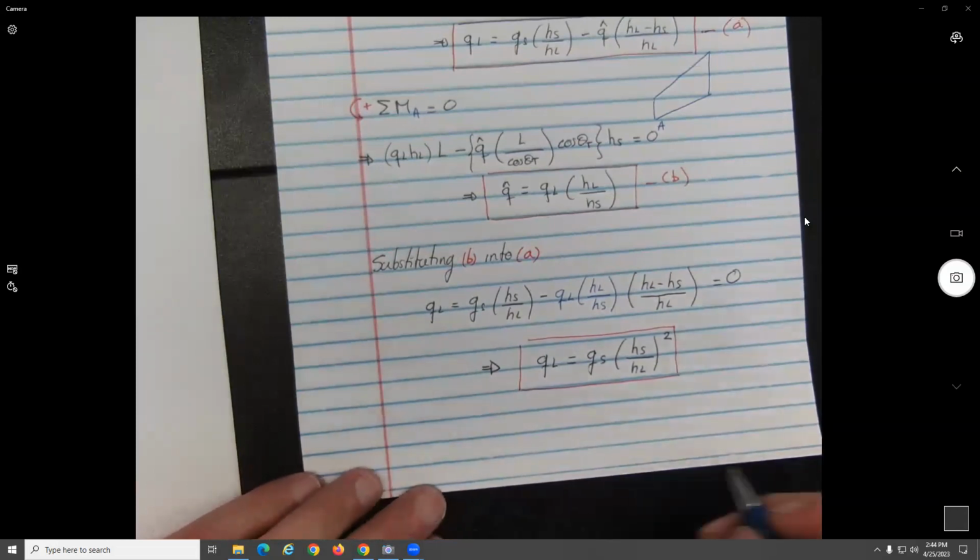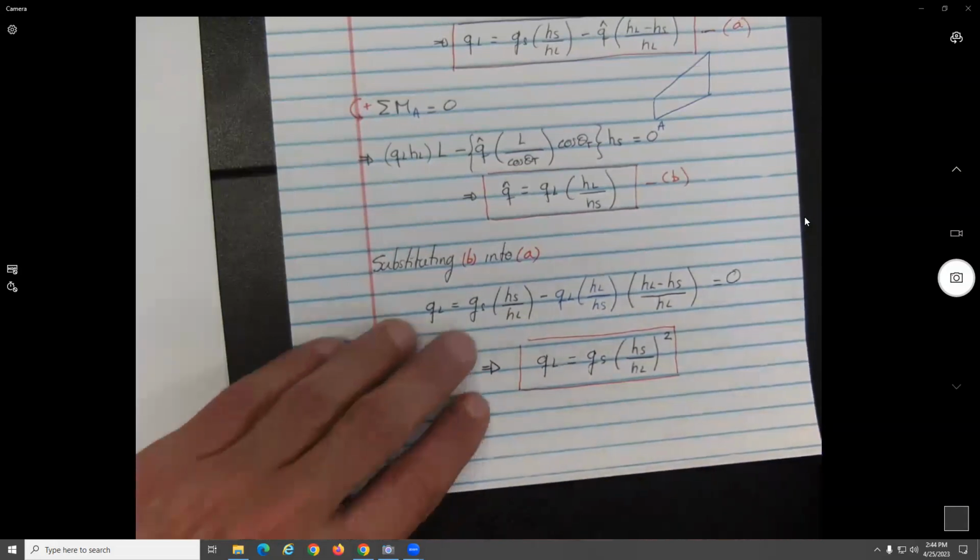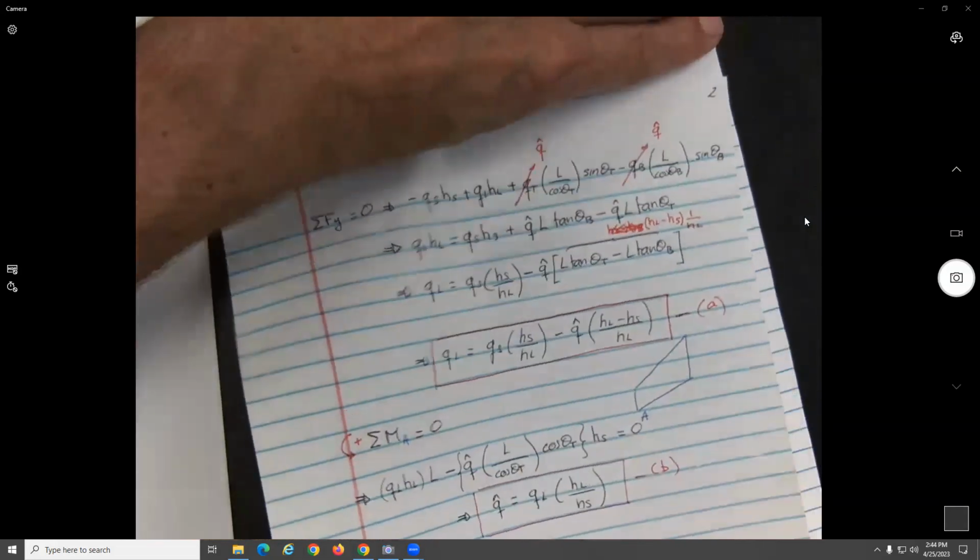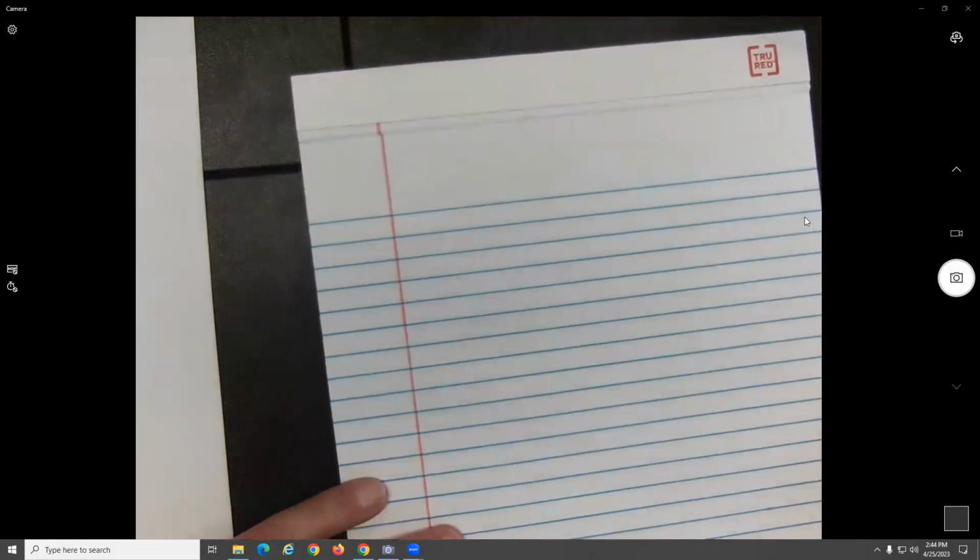Okay, so now substituting, go to the next page. Almost there.